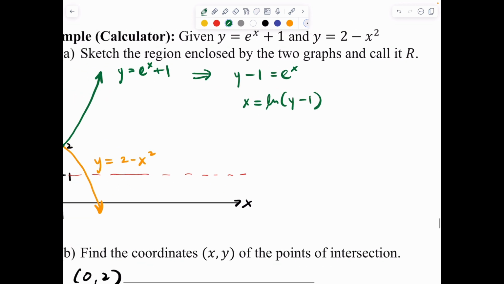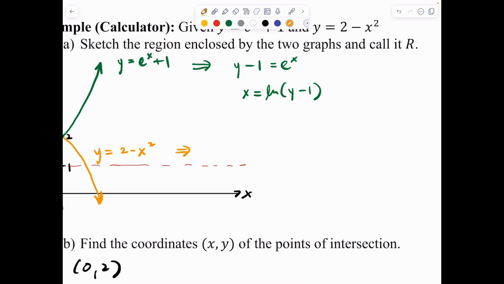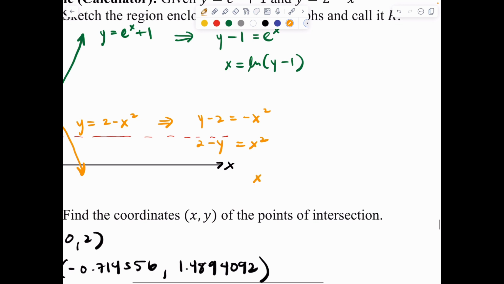Okay, and then for rewriting the parabola, what will that be? That'll be y minus 2 equals negative x squared, or 2 minus y equals x squared. And then we would say x equals plus or minus the square root of 2 minus y.